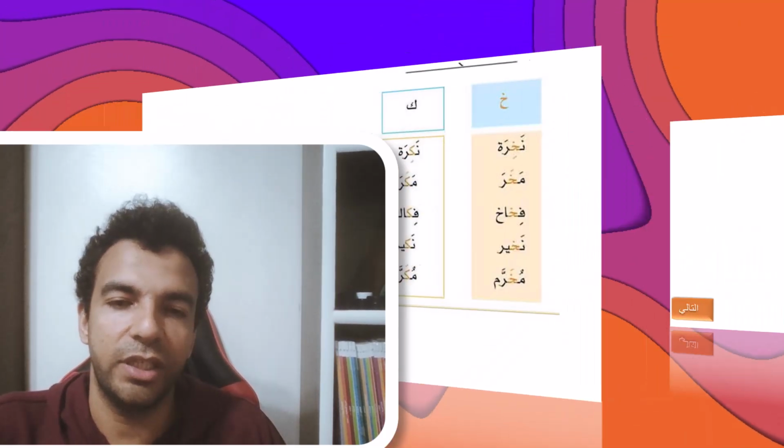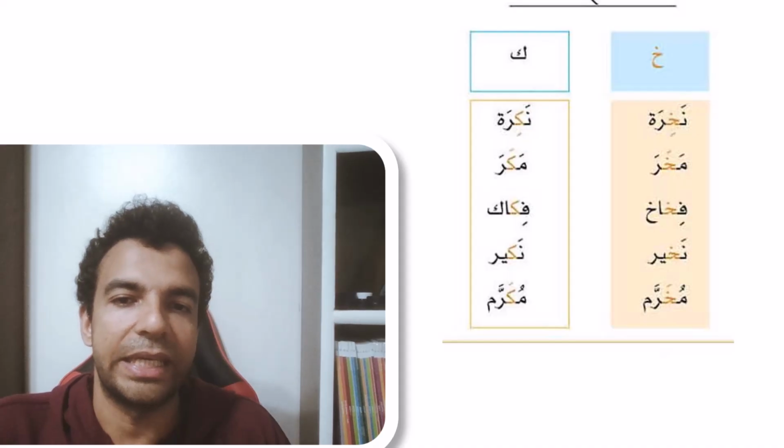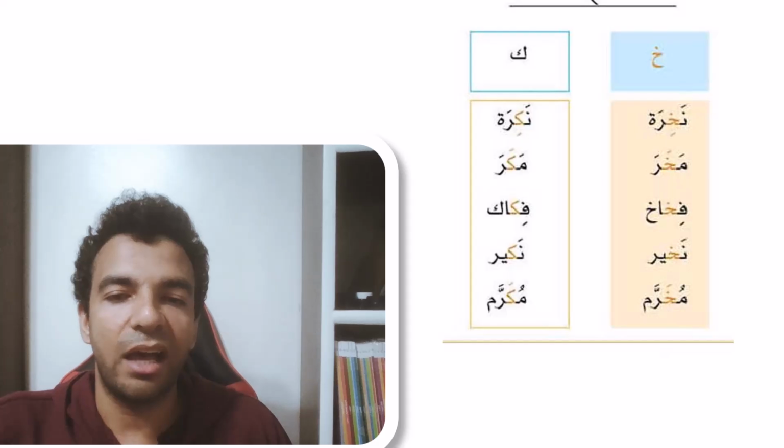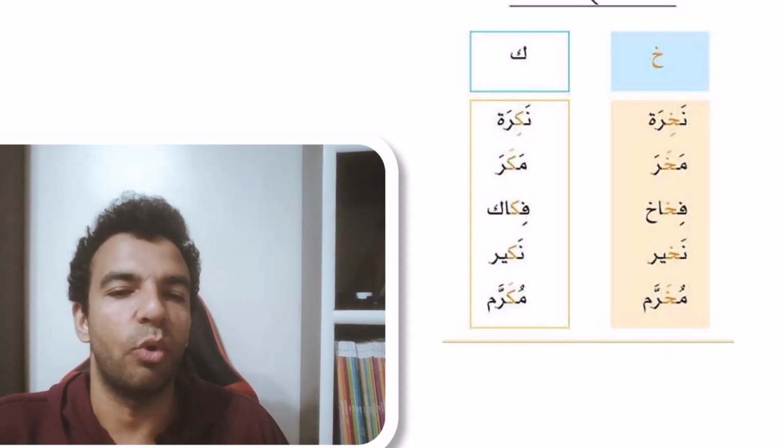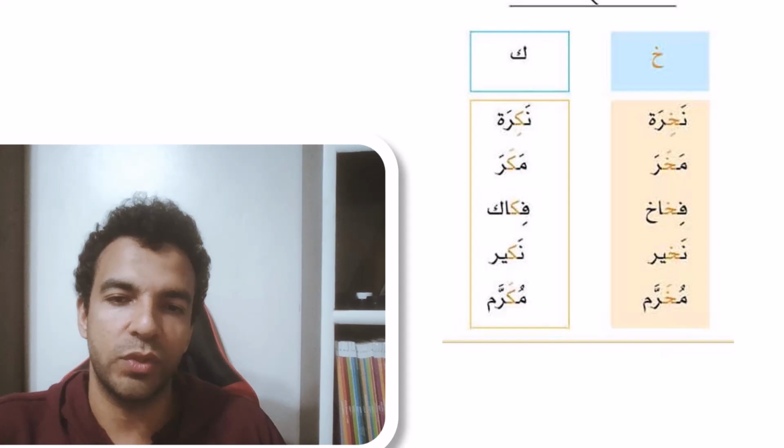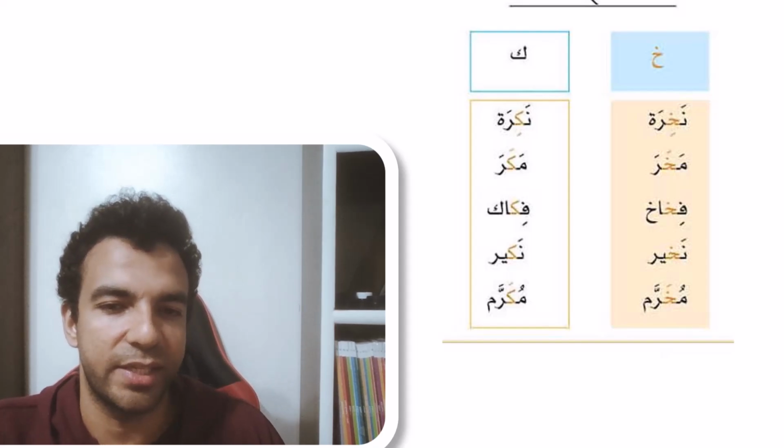Now listen carefully. We will do the same thing. Nakhira, nakira. Makhara, makara. Fikhar, fikak. Nakhir, nakir. Muharram, mukarra. Now I will choose one of the 2 words for you to recognize which one I said.